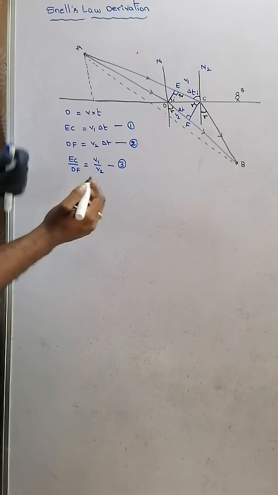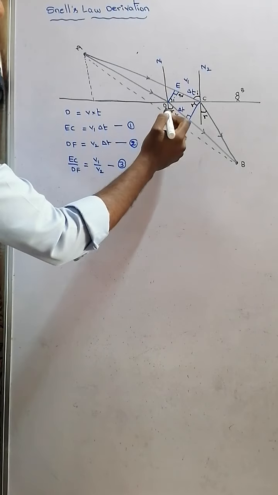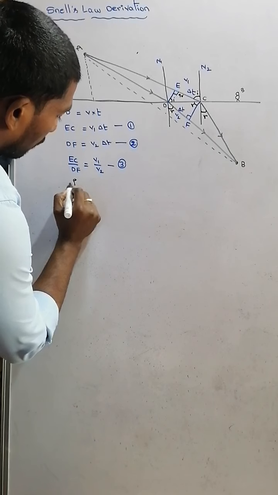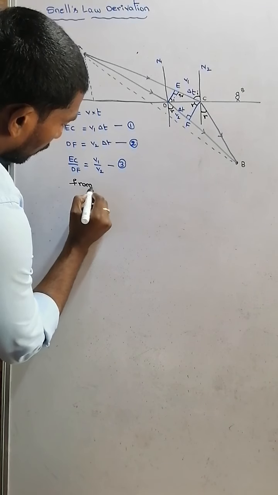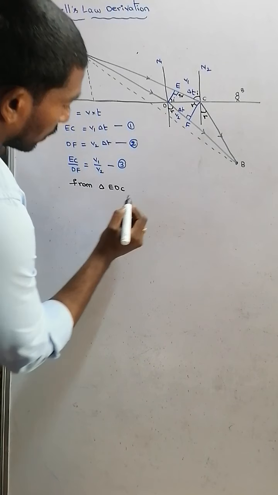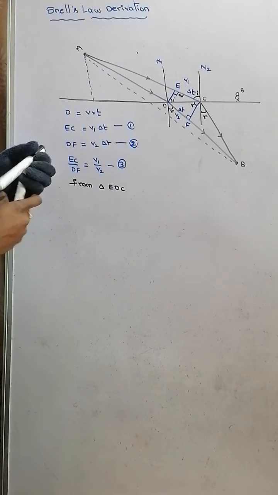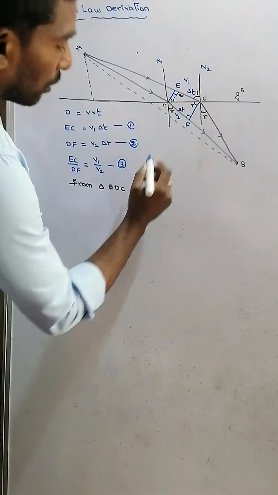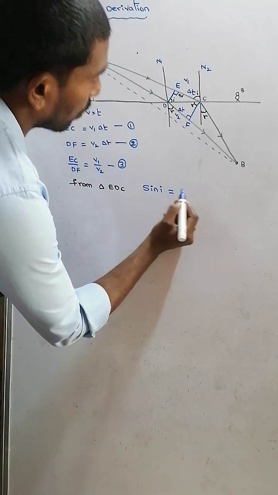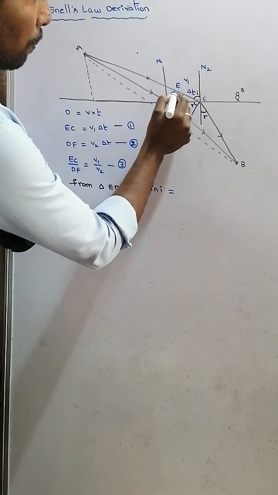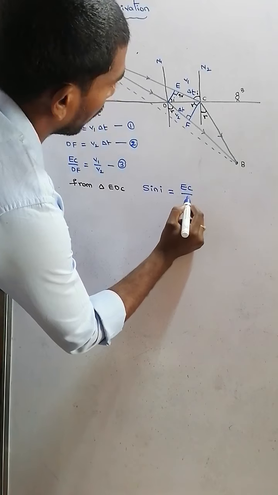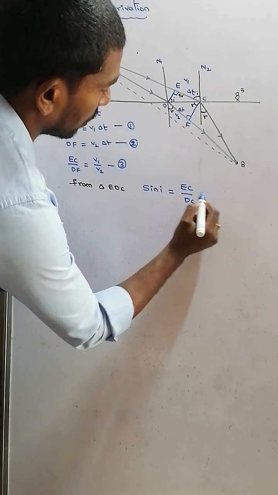Now from triangle EDC, we can find out the sin i value. Sin i equals opposite side by hypotenuse. Opposite side is EC and hypotenuse is DC.